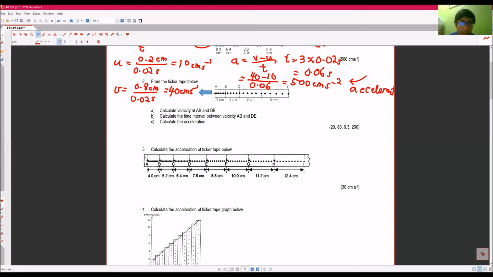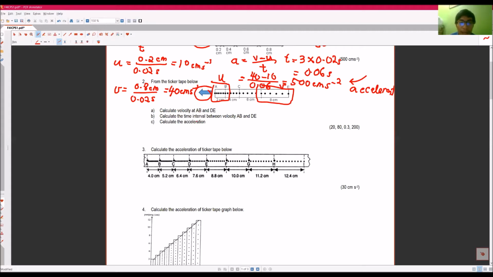Let's see question A: calculate the velocity at AB and DE. The direction of motion means AB is the initial velocity and DE is the final velocity.